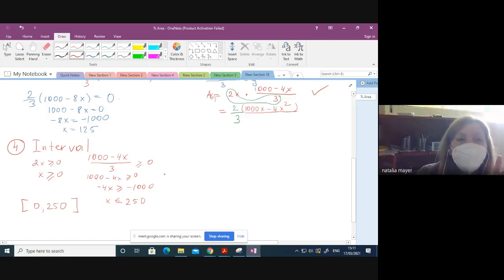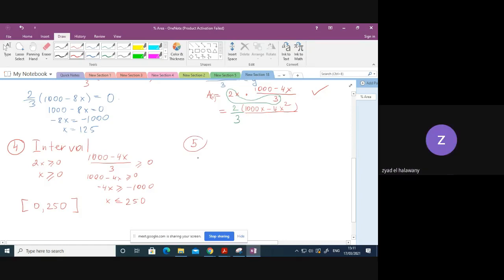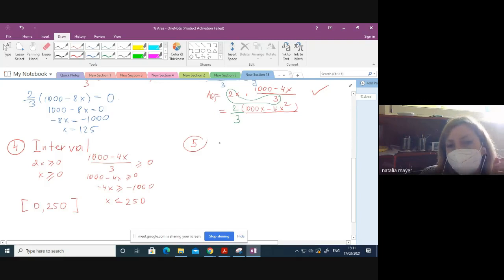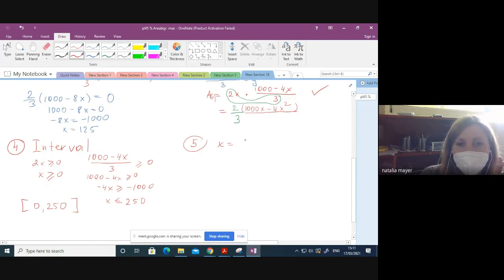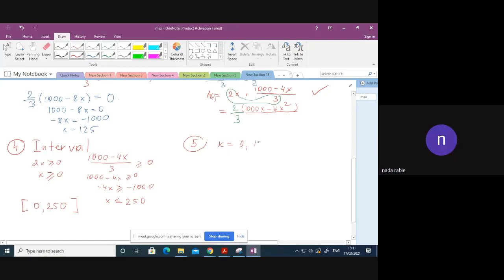Okay, so now we have the interval. What are we doing at the next step? We sub in the endpoints. We need to list in f of x all the values of x which we are going to substitute into the original function. So tell me, what are the values? 0, 125, and 250.